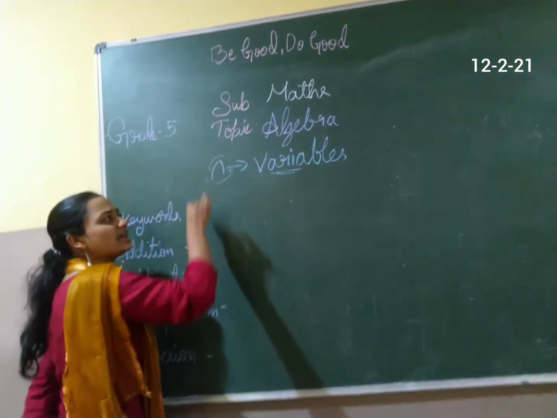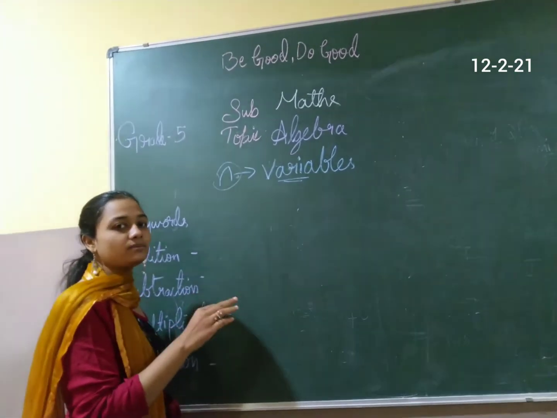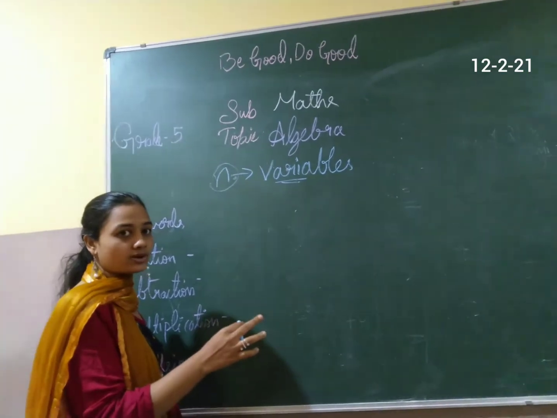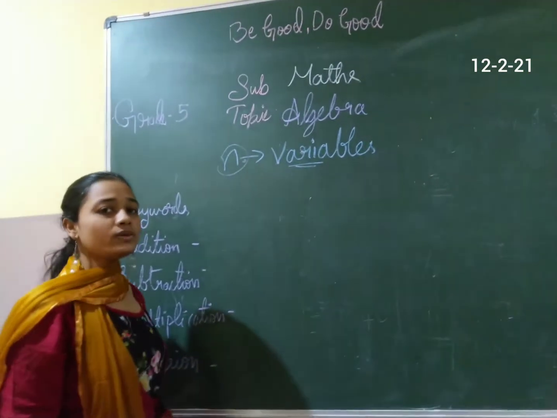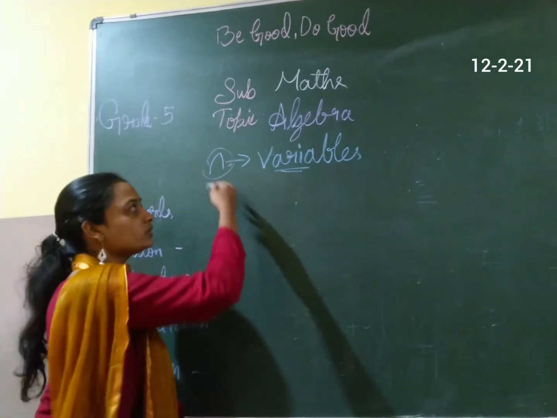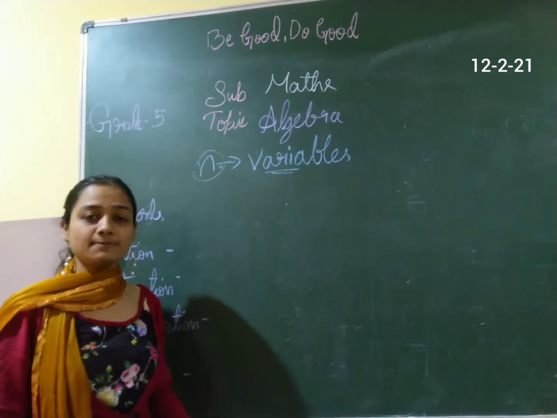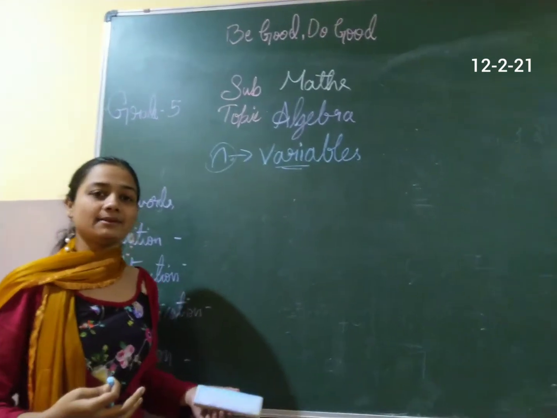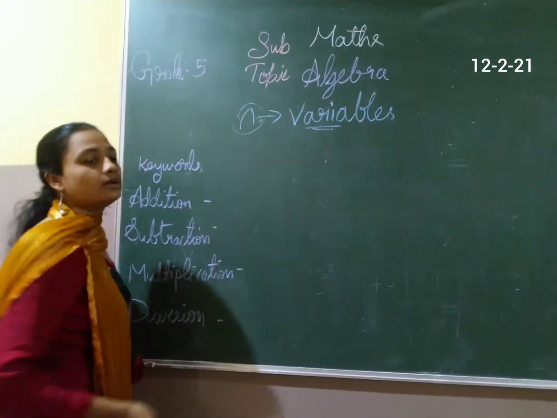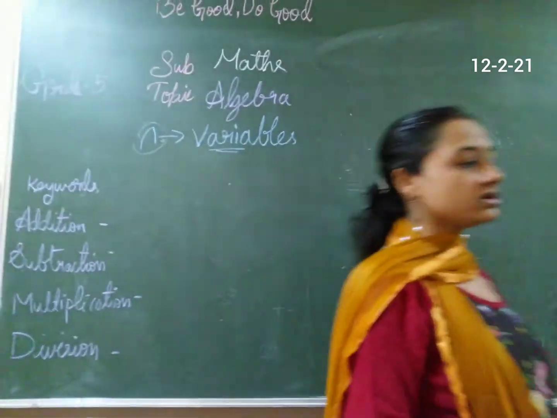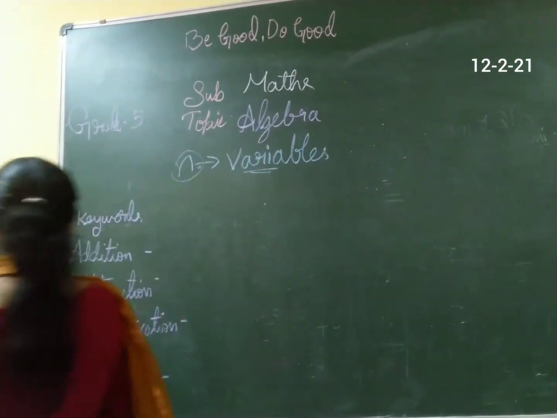Any English alphabet which I write in an equation, meaning I don't know the exact number for it, is known as a variable. Okay. So how will I know whether I should add a number to the variable, subtract a number from the variable, multiply them or divide them? There are certain keywords to know this. So this is very important, children. Let's see what the keywords are.